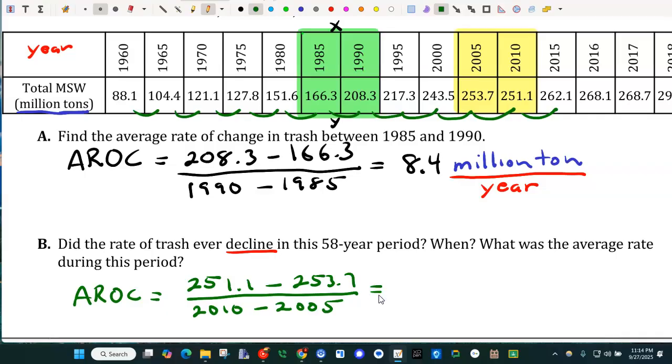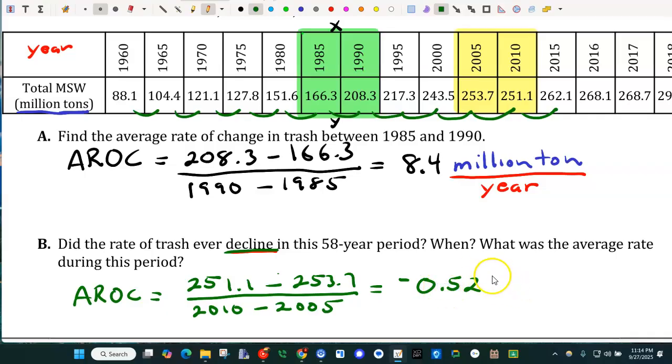Once again, you can use a calculator to figure out what this is. And the fact that we know that this is a decline tells us that we are expecting a negative answer here. It went down, so that means the rate of trash we're making actually decreased. So this does come out to a negative number, and it's about 0.52.